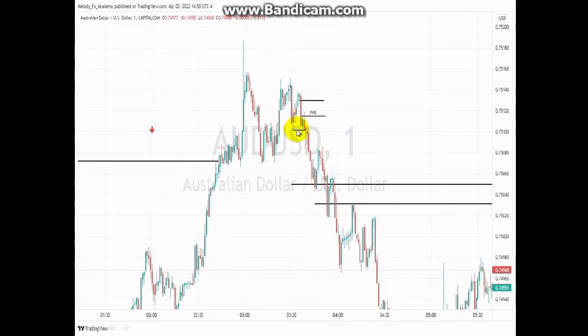So we caught the move earlier compared to the entry on the 15 minutes, and our risk was lower, small, compared to the one on the 15-minute chart. That is one of the reasons I like going down to the lower time frame, and why you should practice using the lower time frames.